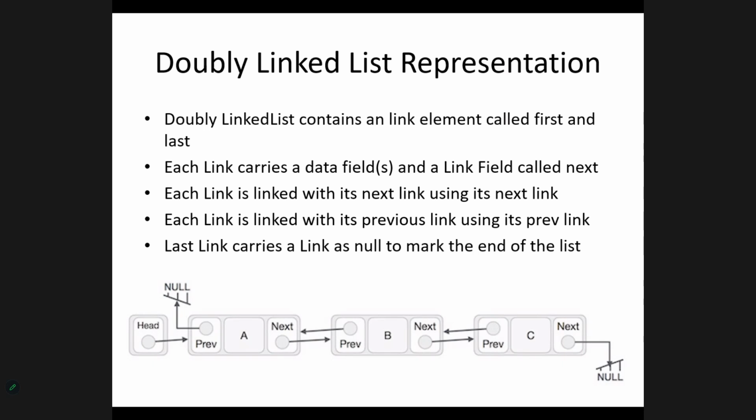If you look at a doubly linked list in a circular way, all the null values will be removed, and the first one's next will point to the last one, and the last one's previous should point to the first one, right? So if it is circular, then this scenario becomes a little different, right? But in a doubly linked list, the last one's next should point to null, and the first one's previous should point to null.